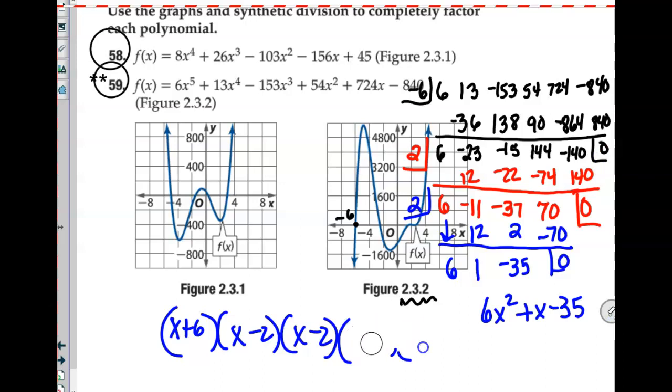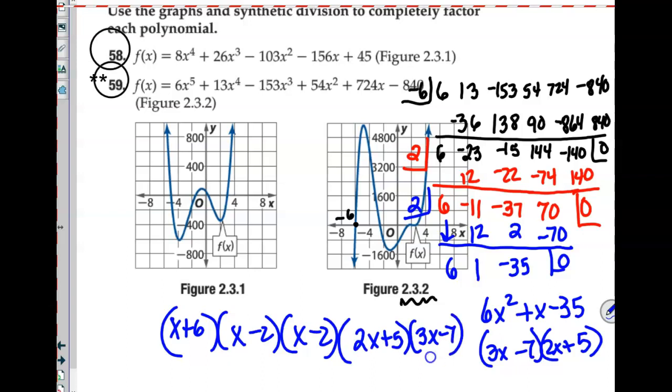The bell's going to ring. Factors of 35 to make a 1 in the middle. Here, this works. Minus and plus. So it's 2x plus 5 and 3x minus 7.